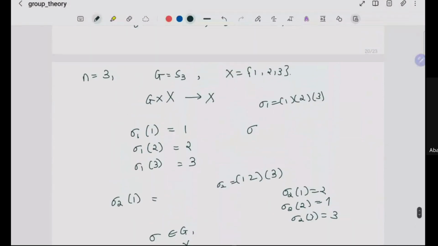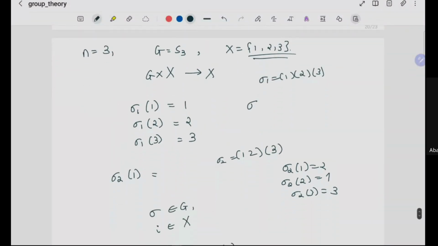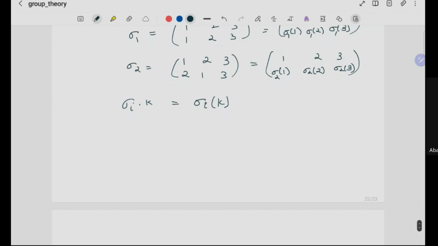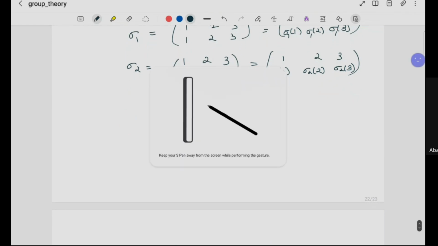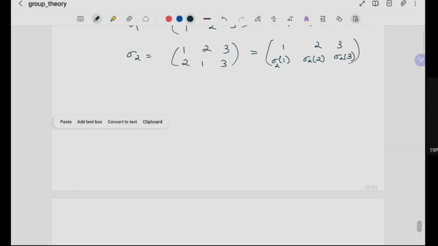That's why I have written that G is acting on this entire set. I hope it's now clear. Yes, ma'am. Is it clear to everyone? Yes, ma'am. Okay.